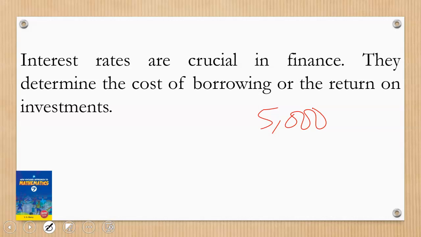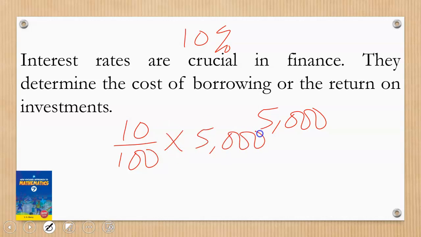Now the bank promises you that if the year ends and you keep this money with us, we'll give you, let's say, 10% interest. So now the year has ended. How much will you receive as your interest and how much will you receive as your total amount? And so we calculate simple interest by saying, okay, let's say 10% is over 100, right? Times 5,000.